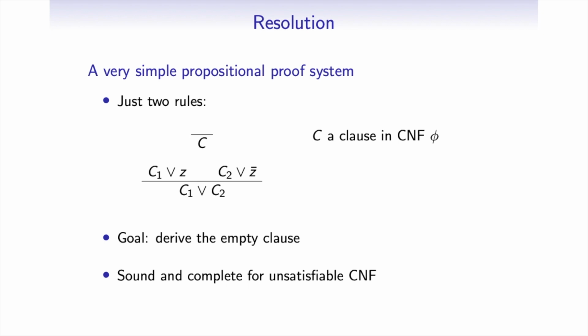So the goal here is to derive the empty clause, and in fact, you can derive the empty clause if and only if the CNF you've begun with is unsatisfiable. Okay, so this is a refutational proof system in the sense that it proves the unsatisfiability of CNFs.